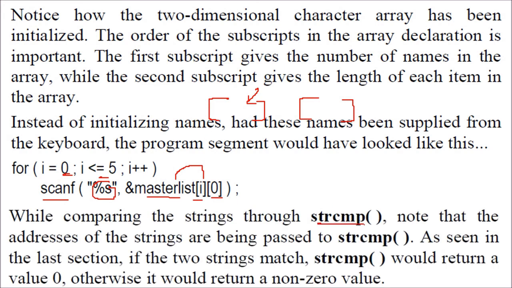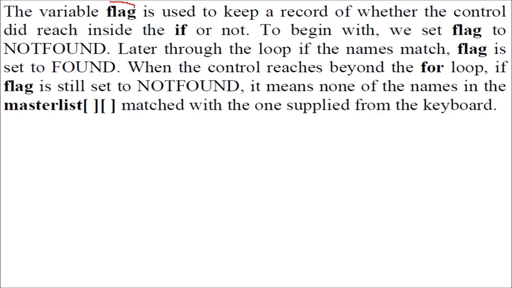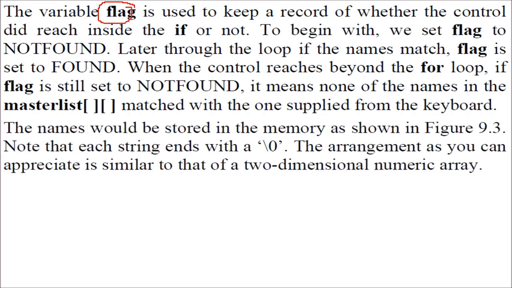And with string compare, as you saw, when we compare the name which is coming with the master list, if it matches, it is good. We say, okay, your name is successful, you can enter. If it doesn't come as 0, then we say no. This flag we have used for showing whether the name was found or not found. Each name ends with \0.